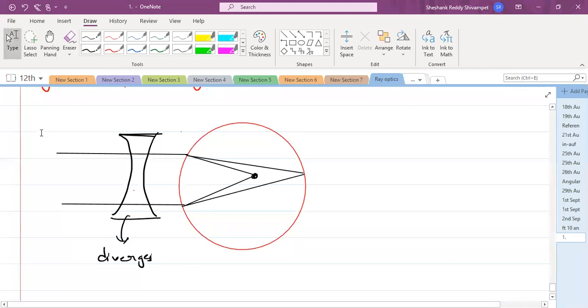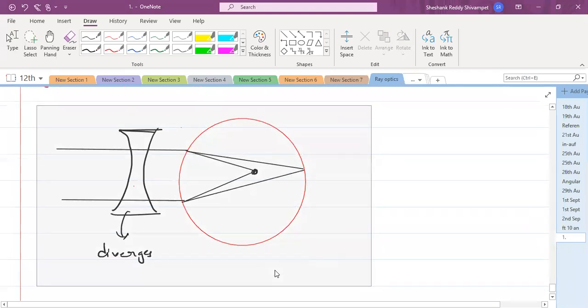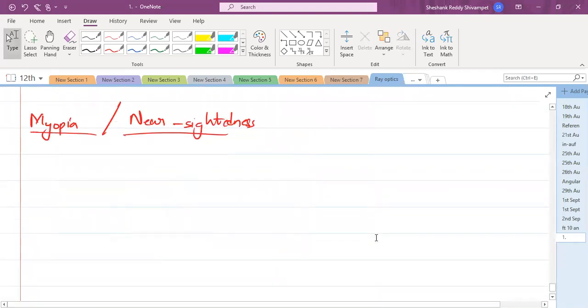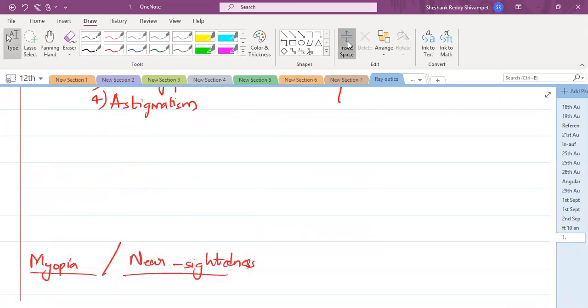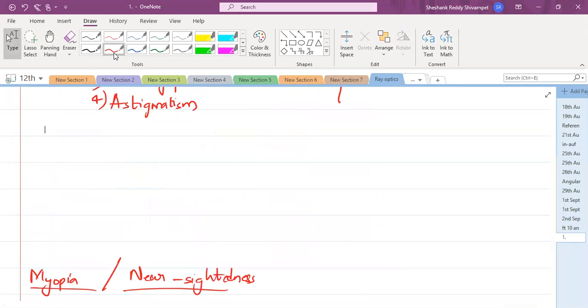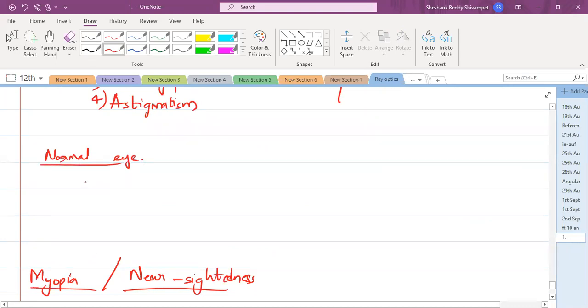तो इस केस में, let me first write down the ideal case. Normal eye के लिए near point is D, almost equal to 25 centimeter.